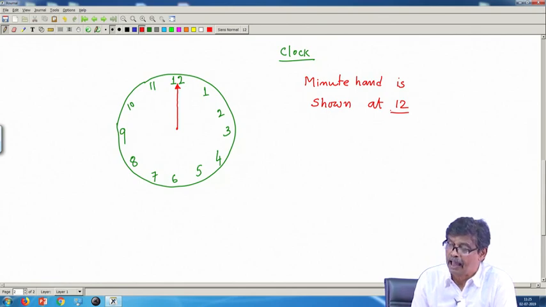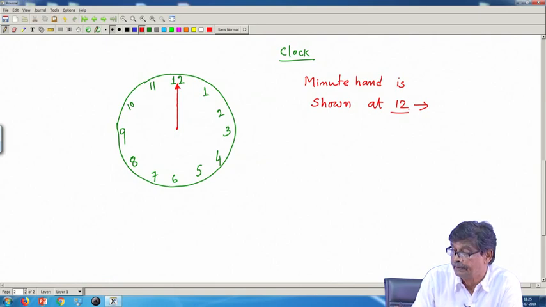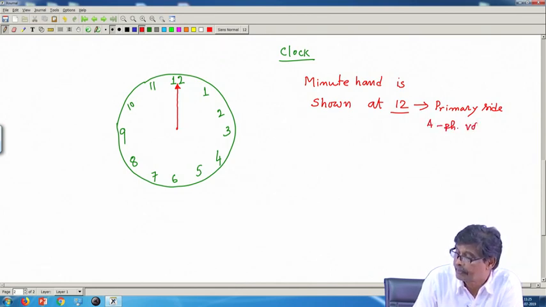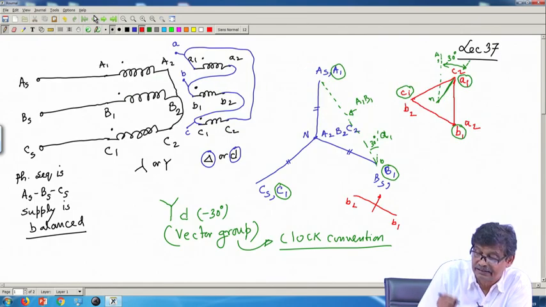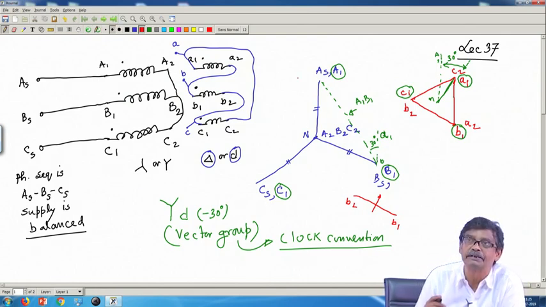Let this minute hand represent the primary side voltage with respect to neutral, that is this voltage A1N, the primary side neutral voltage.